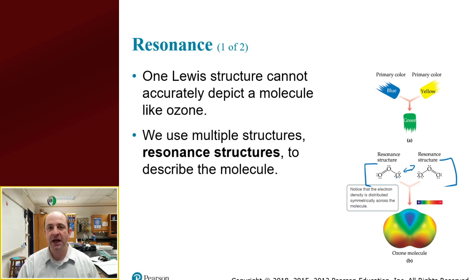Different ways to describe the same molecule. And we say that the real molecule is a combination. It's an average of those different resonance structures. So if we average double single and single double, it'll be more like 1.5, 1.5. And that means, oh, they're equal, and that's what we saw in the data. The bond lengths, the bond strengths, they were equal.